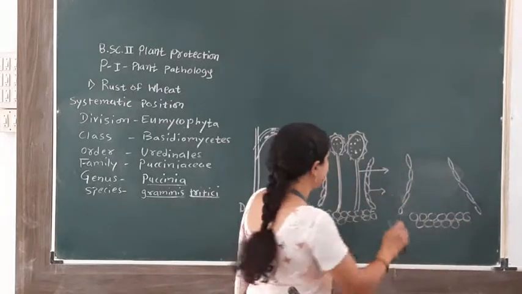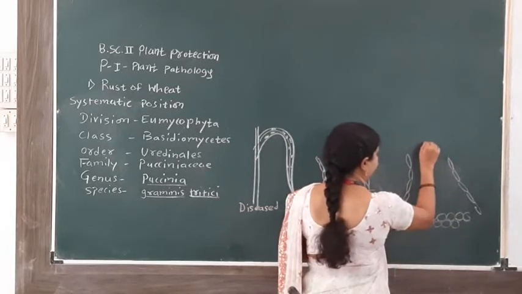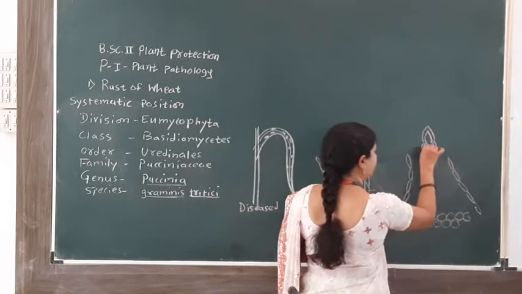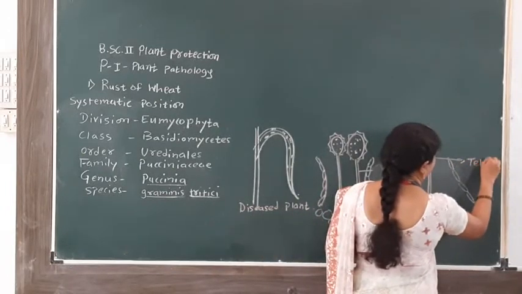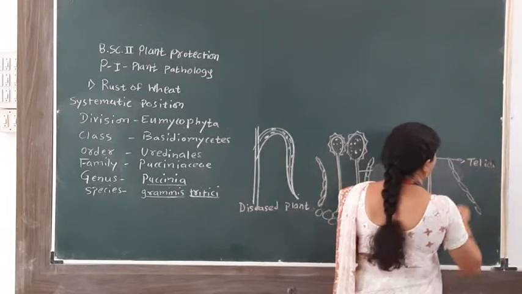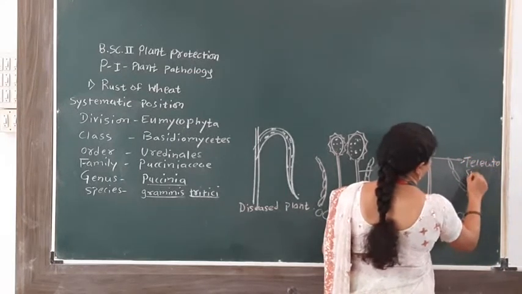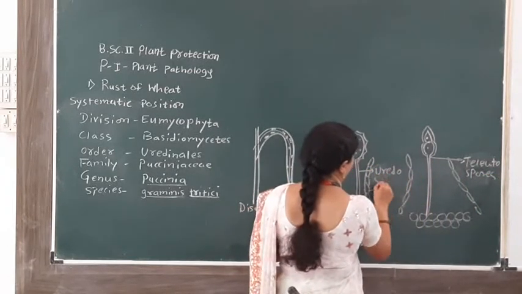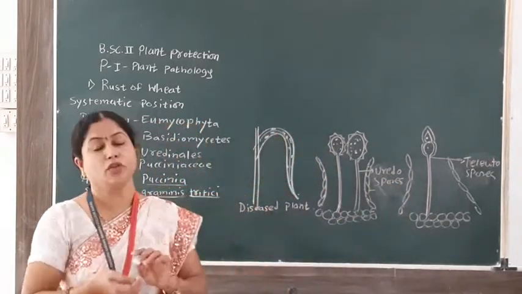This is the uredial stage and this is the telial stage. These are bicelled structures like this, bicelled, binucleated. This is the telial stage or teliospore. These are the uredospores. The telial stage is a bicelled, binucleated stage.